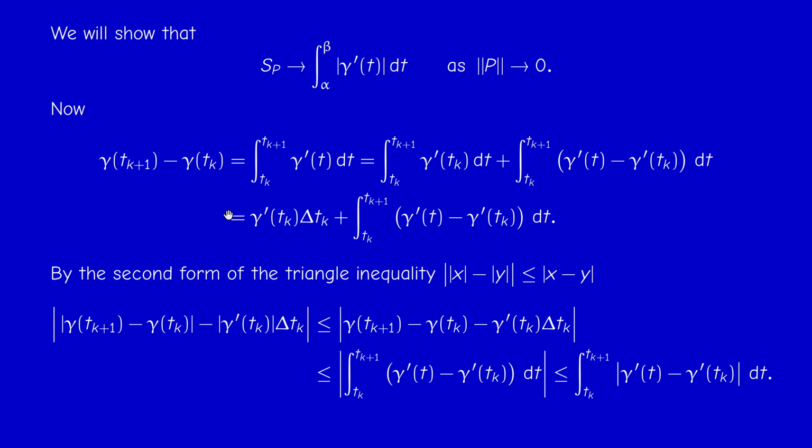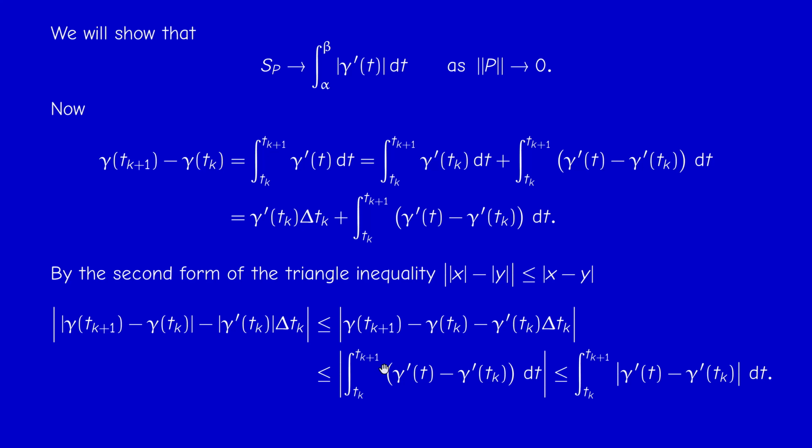So now just take the difference. Gamma Tk plus 1 minus gamma Tk minus gamma prime Tk delta Tk is equal to this integral, right? So when I take the modulus of this difference, on the one hand, it is less than the modulus of the integral, because these two are equal, actually. We have equality here, I should have put equality.